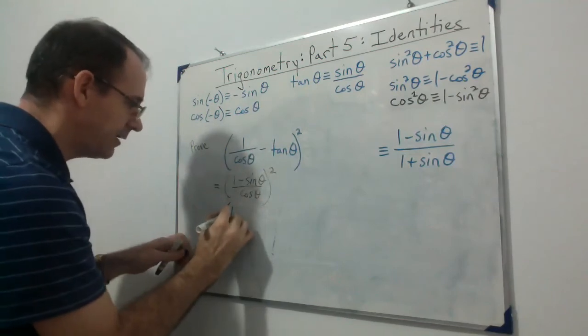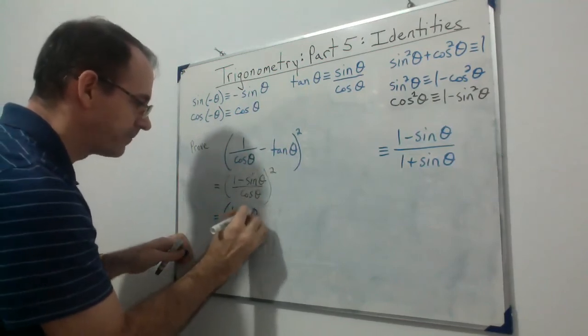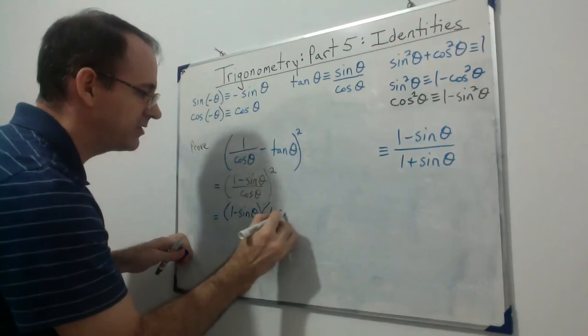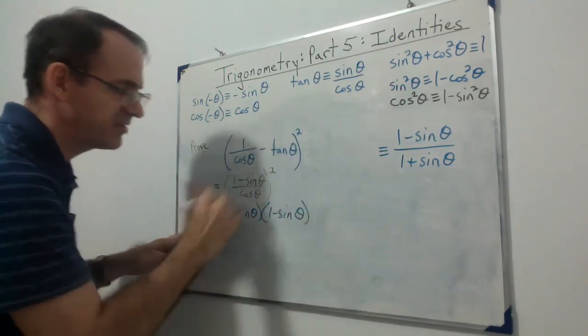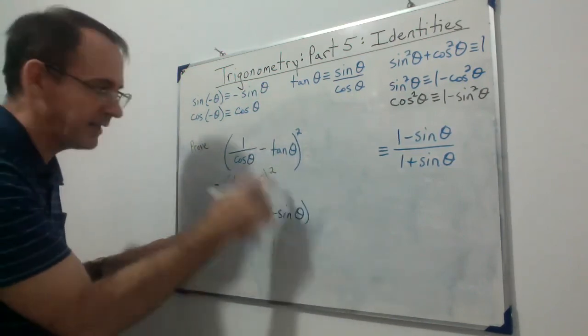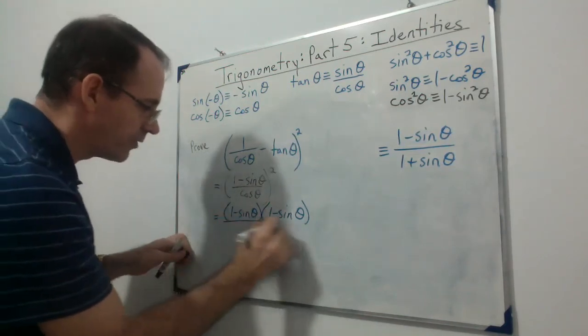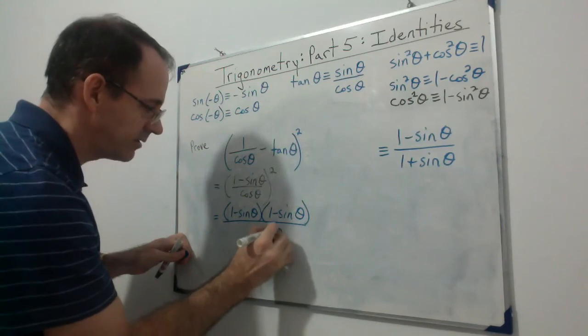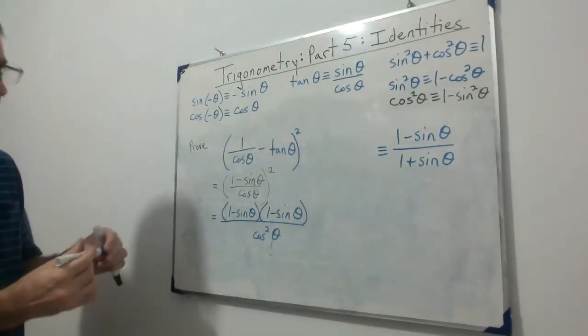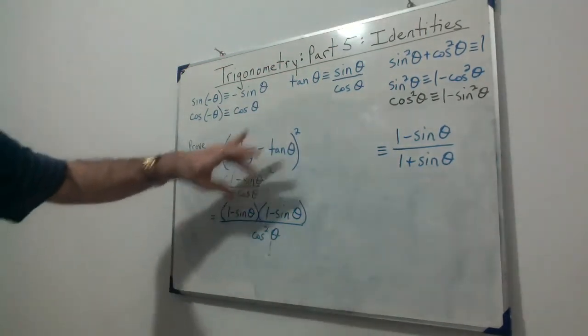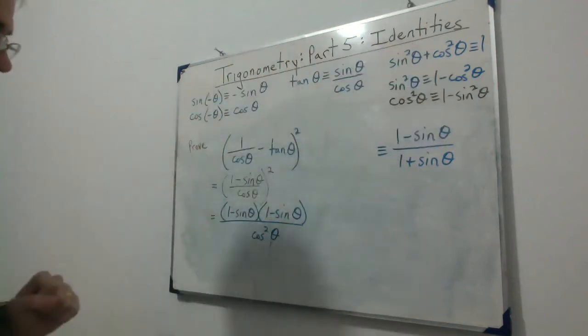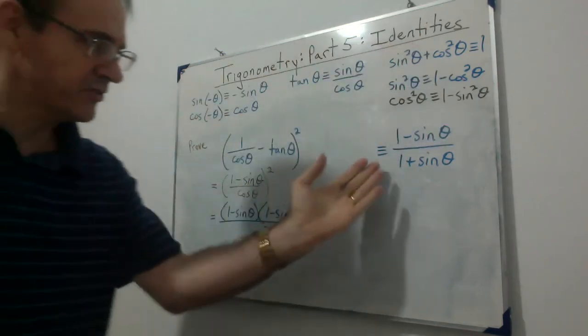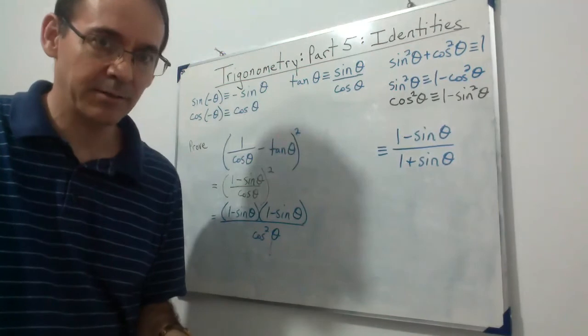So we get, I will separate it because notice there's only one, not two factors. So I'll separate it, 1 minus sine theta times 1 minus sine theta. So instead of expanding it out, I just write it like a multiply over cosine squared theta. Well, we've got one of the factors on top that we want. Notice there's no cosine squared on the bottom.